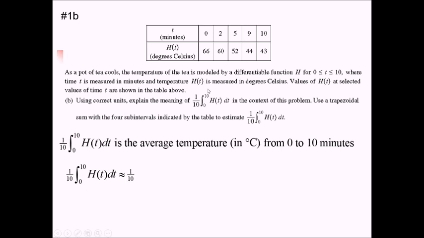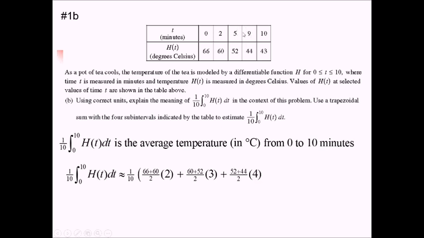The bases in this case are really these h values, and the heights are just the distances between the time values. So for our first trapezoid, we have a base of 66 plus a base of 60 divided by 2 times a height of 2. Next, we have 60 plus 52 over 2 times a height of 3. After that, 52 plus 44 over 2 times a height of 4 from 5 to 9.